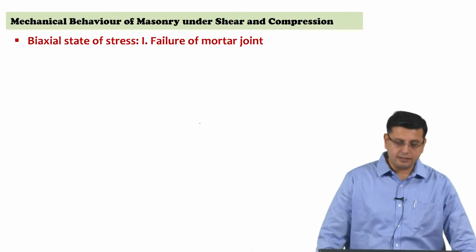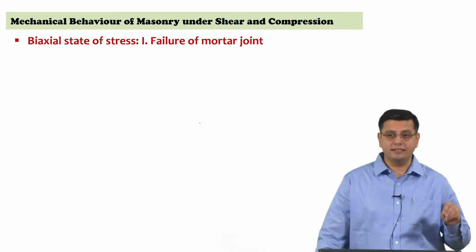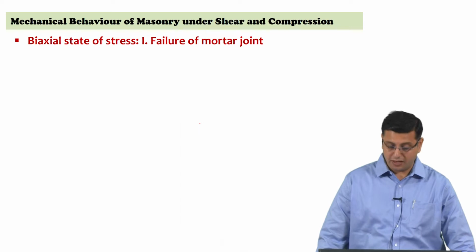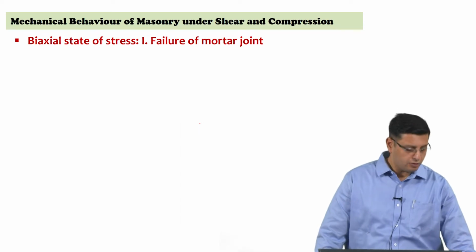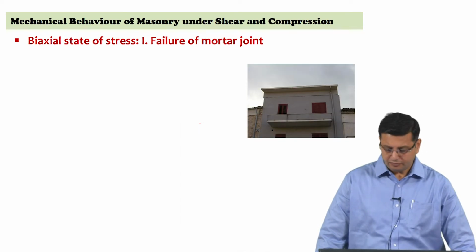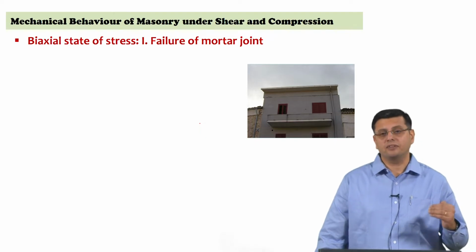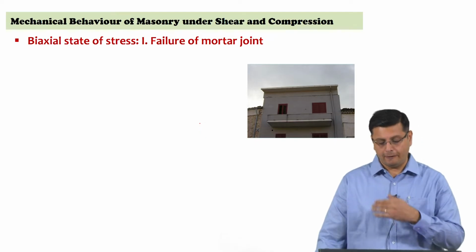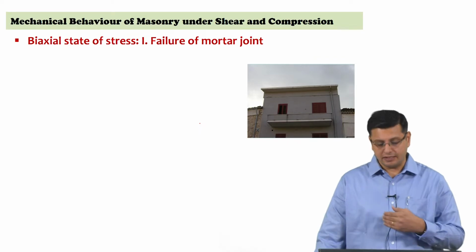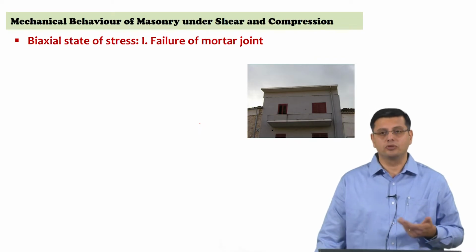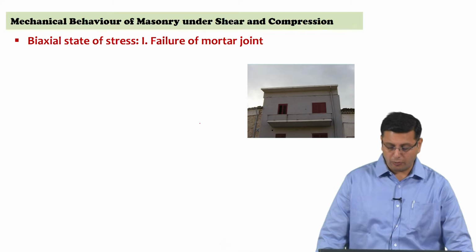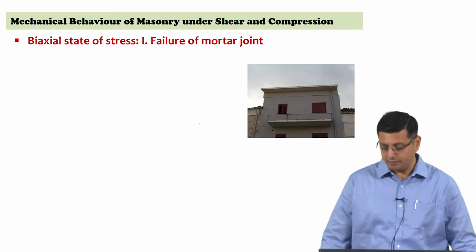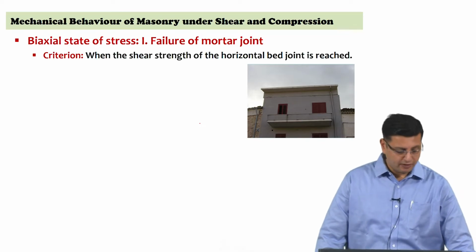We are now trying to arrive at the biaxial state of stresses of the failure surface. So, the first failure criterion that we had examined was the failure of the mortar joint itself, where, in the real scale of a structure subjected to lateral forces like an earthquake, you would have the formation of what is called a sliding shear mechanism, and that is what you see in the picture there.